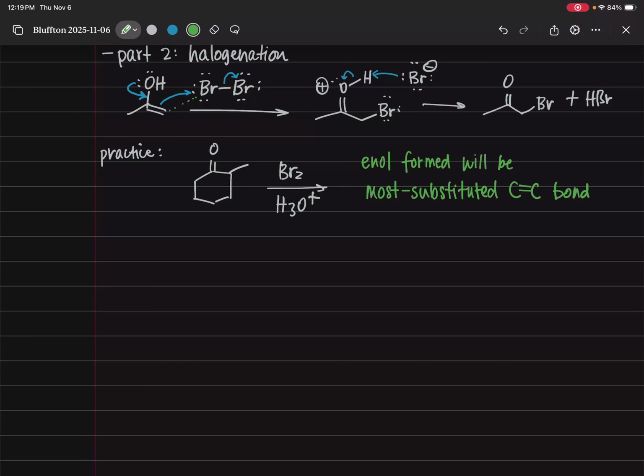You can either have the double bond go to the left or to the right. And because more substituted carbon-carbon double bonds are more stable, you're going to want to form the most substituted C=C double bond.